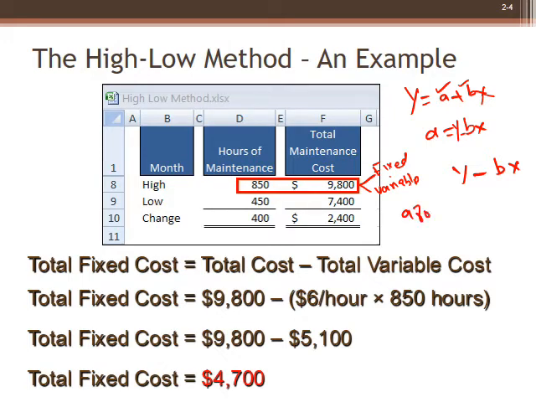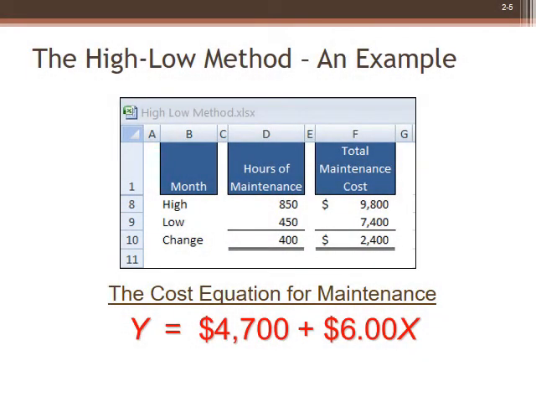We have 9,800, and from 9,800 you subtract 6 times its activity, which is 850, and your answer is 4,700.